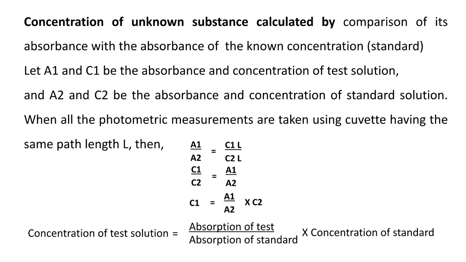So the formula is: C1, the concentration of test solution, equals absorbance of test (OD of test) by absorbance of standard, A2, into C2, the concentration of standard. This formula is usually used in laboratories and in practicals. Using it, we measure the unknown sample concentration by using the known standards.